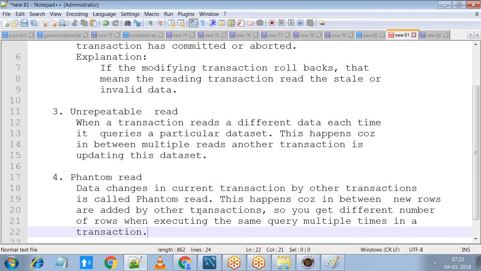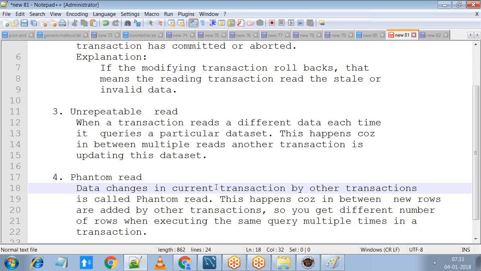You see, when we talk about unrepeatable read, we are talking about only one row, whereas with phantom read, we are talking about multiple rows.